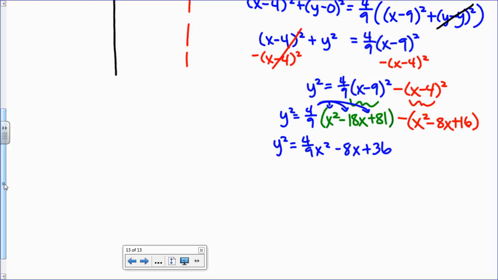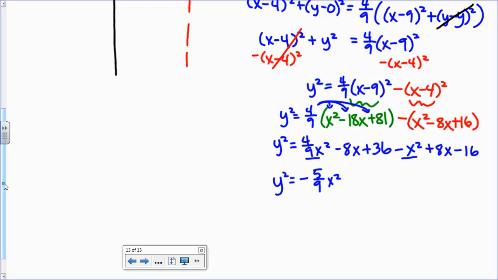Okay, and then distribute your negative, so minus x squared plus 8x minus 16. Combine your like terms. So 4/9 x squared and negative 1x squared should be negative 5/9 x squared.